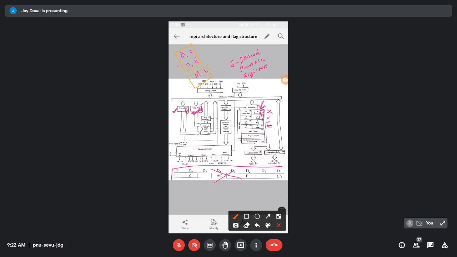W and Z, the programmer cannot operate; they are totally processor operatable registers. So only 6 general purpose registers are there: B, C, D, E, H, L. B, C, D and E, these 4 registers are totally programmer operatable. Whereas H and L, the programmer can operate and the processor can also operate. At the same time, if the programmer and processor demand the registers H and L, then first priority goes to the processor.